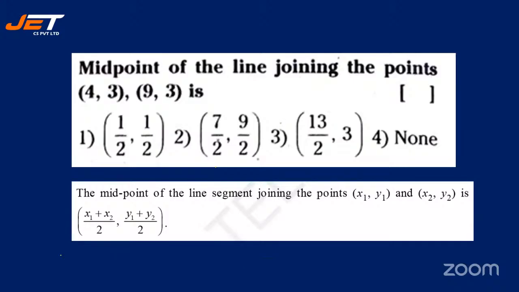The midpoint of the line joining the points 4, 3, 9, 3 is dash. So midpoint, we already know the formula: x1 plus x2 by 2, y1 plus y2 by 2. So this is x1, this is y1, this is x2, this is y2. So x1 is 4 plus x2 is 9 by 2, comma, y1 is 3 plus y2 is 3 by 2.